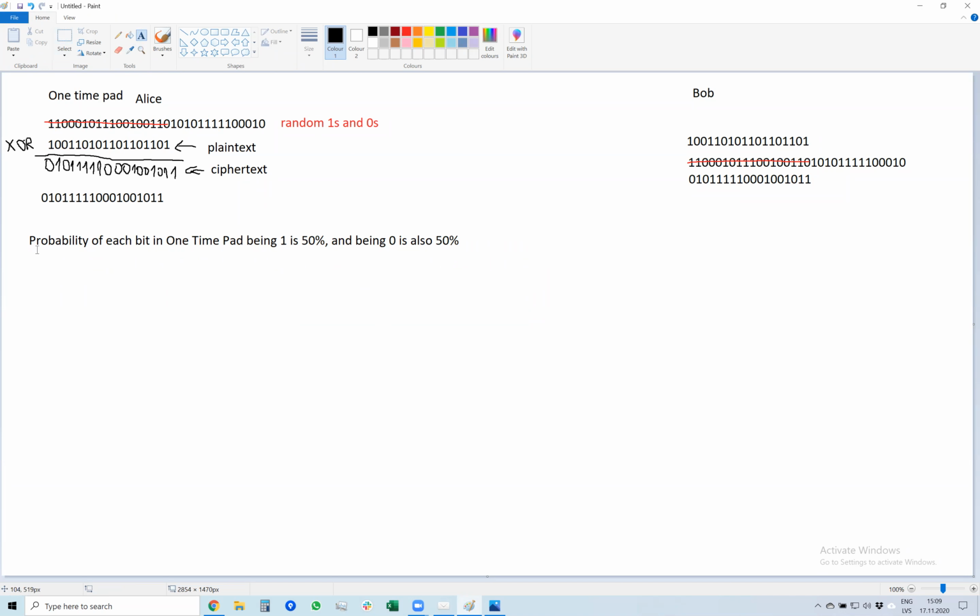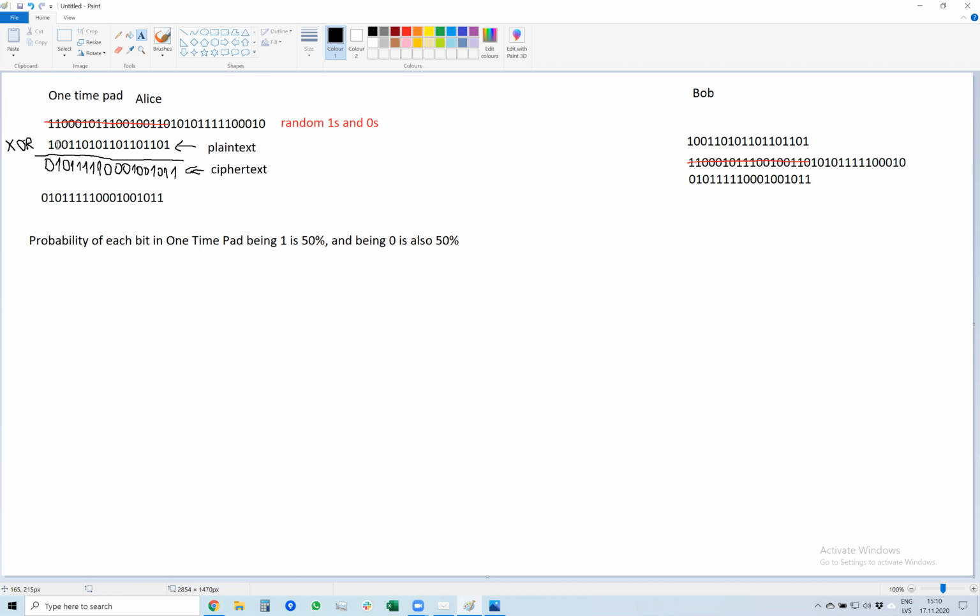But what does it mean when we take our plain text? Since each bit in the one-time pad has a 50% chance of being 1 and 50% chance of not being 1, it means that each bit in plain text has a 50% chance to be flipped and 50% chance to not be flipped to the opposite position.